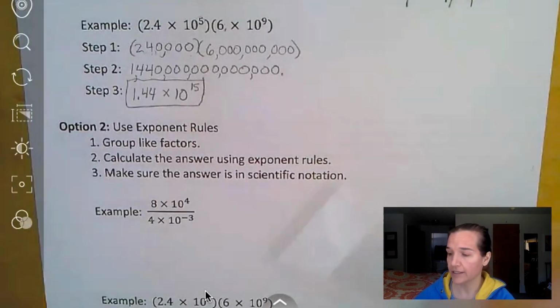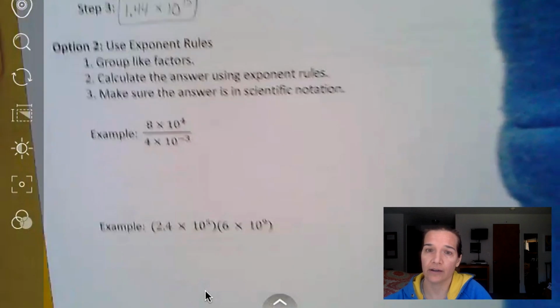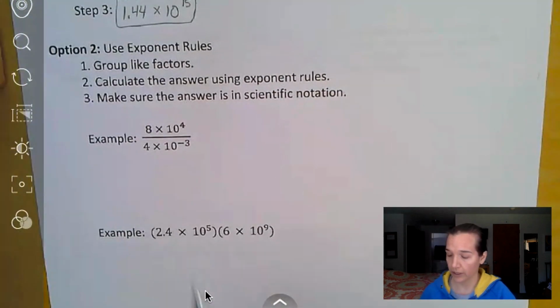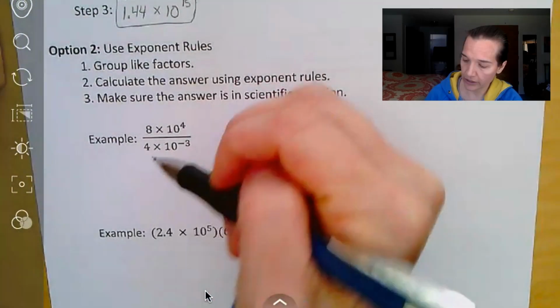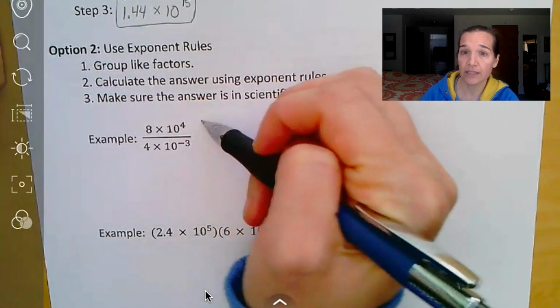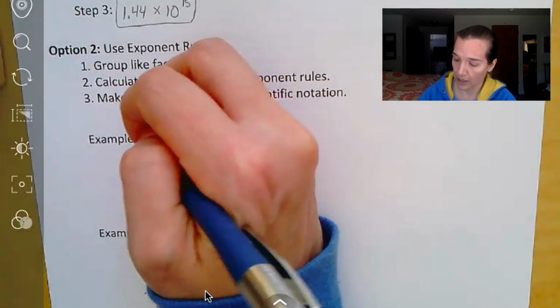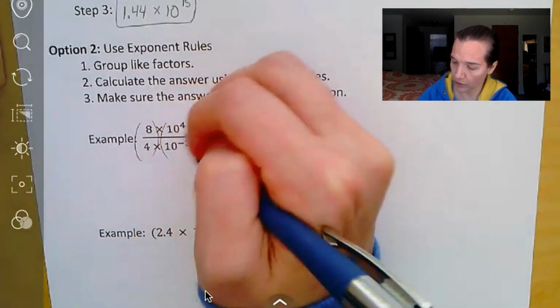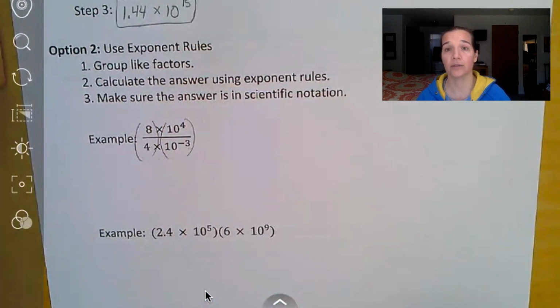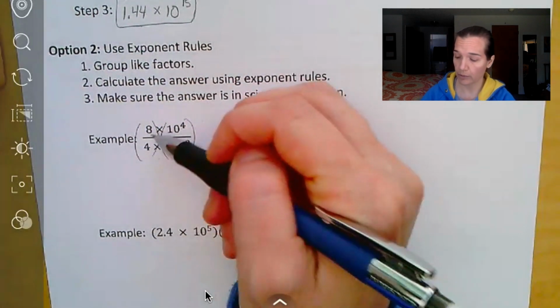So here it is. If you want to use the other way, we've got using exponent rules. You can just group like factors. For example, if it was 8 times 10 to the 4th power divided by 4 times 10 to the negative 3rd power, I'm going to group the 8 and the 4 and the 10s and their exponents. I'm going to calculate using exponent rules. So remember, numbers act like numbers.